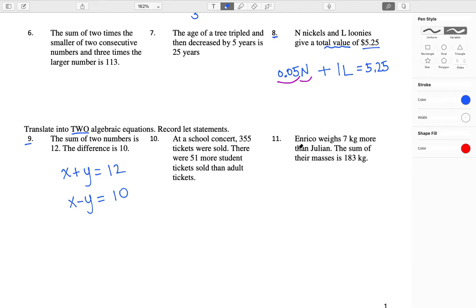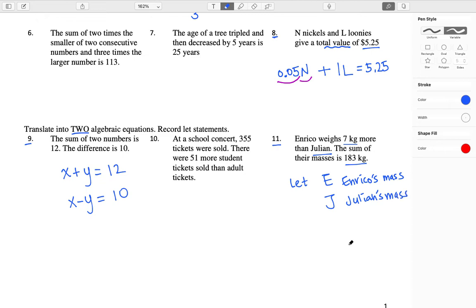Now what about number 11? Enrico weighs 7 kilogram more than Julian. The sum of their masses is 183 kilogram. So we could say, let statement. Let E be Enrico's mass, and let J be Julian's mass.